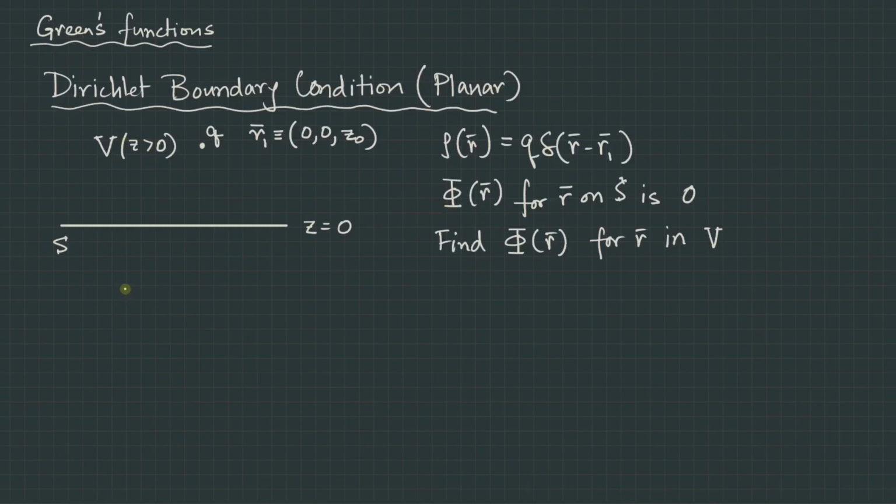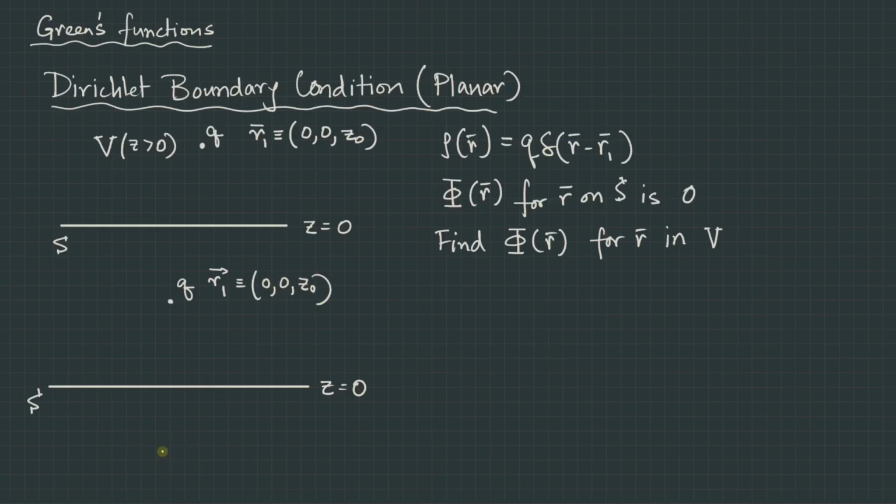So let me define another problem which we will soon see is actually equivalent to this problem. We have the same surface S, which is at z equal to 0. This region is z greater than 0, and we have a point charge Q, and that is also located at a point R1, which is the same point.